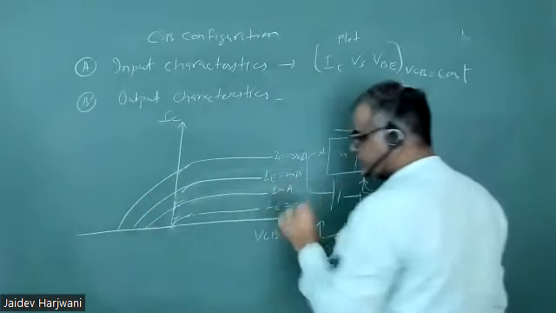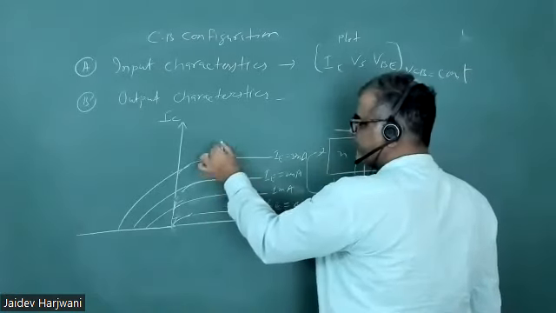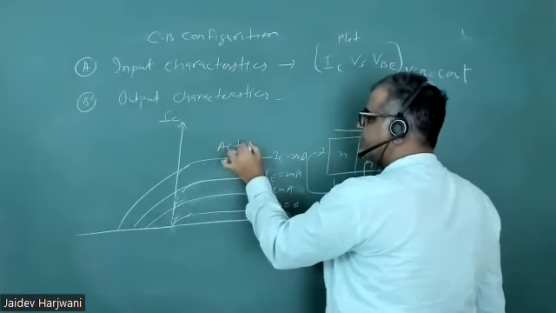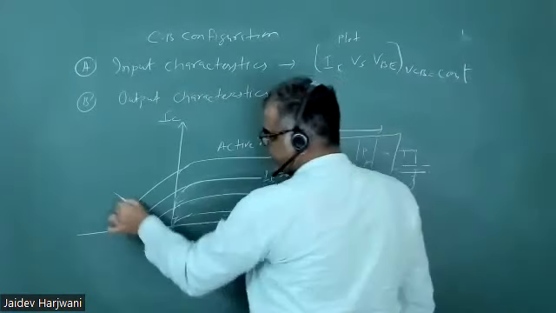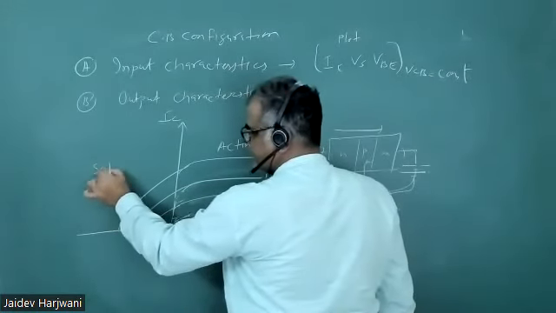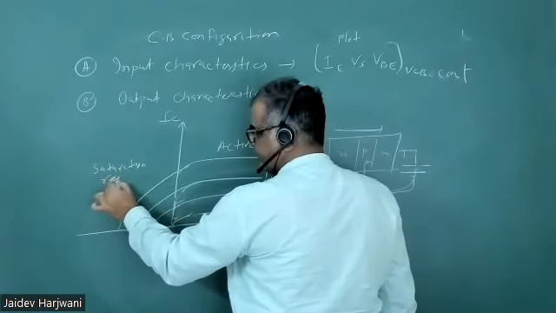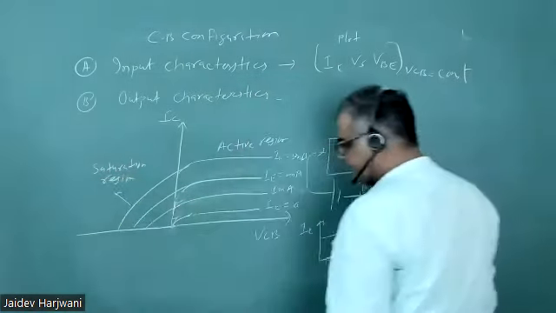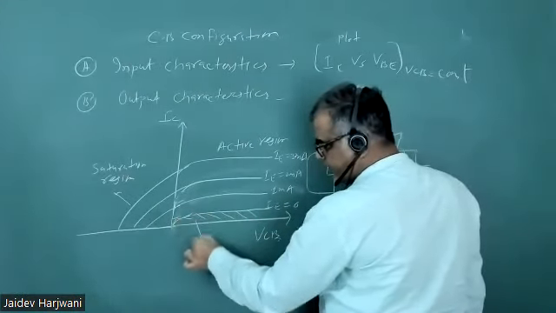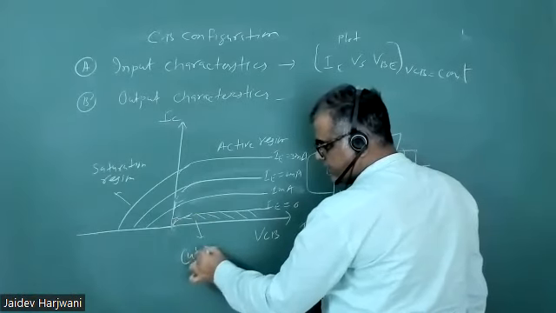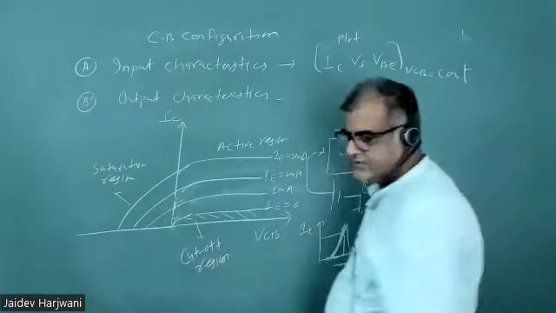Okay, so this is your output characteristics. Now this portion of the graph is called your active region. Okay, this portion of graph is your saturation region. Okay, and the region beyond here, below this one, this is called your cutoff region.